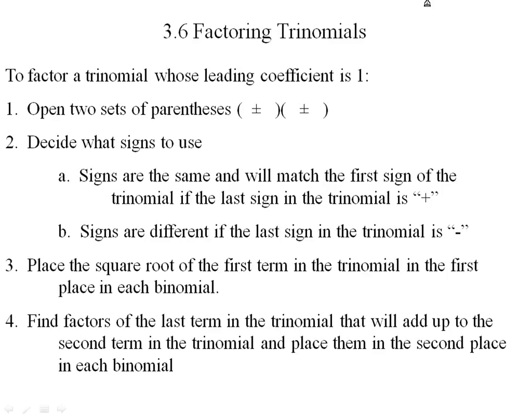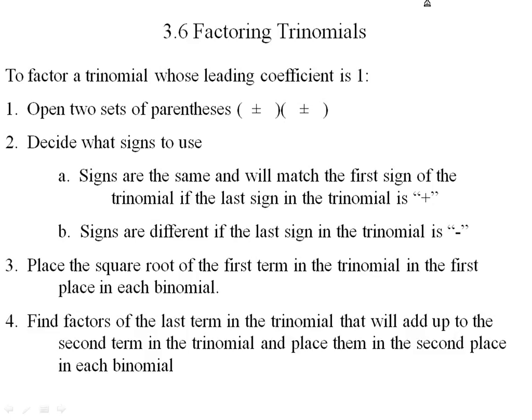As long as your leading coefficient is 1, it's fairly easy. It's not so bad, okay? So what you're going to do, of course, look for anything in common first and take that out. If you don't have anything in common, or even if you do, your next step, open up two sets of parentheses and decide on your signs.